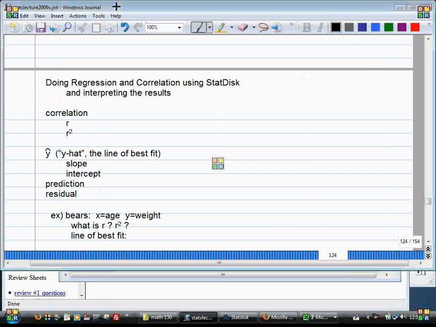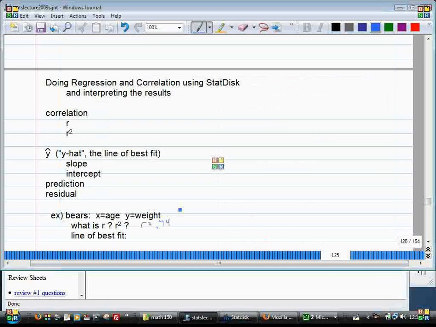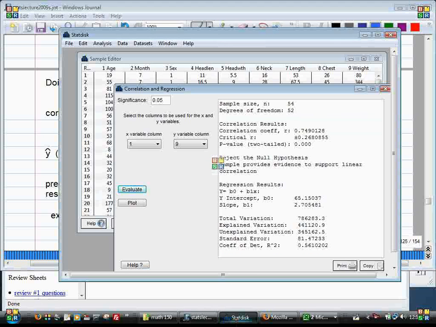Okay. So far we have R was 0.7490, and R squared was 0.5610.